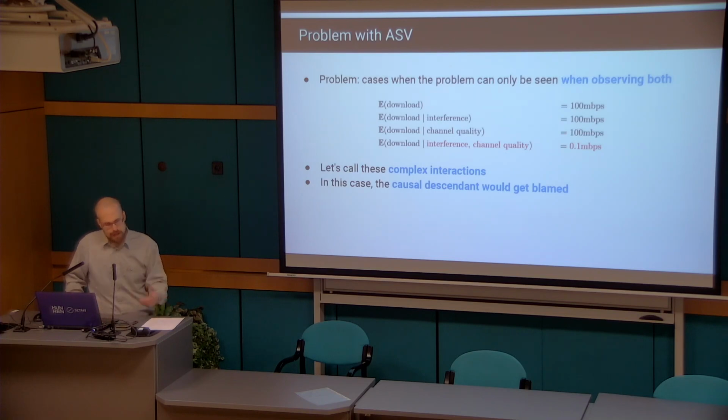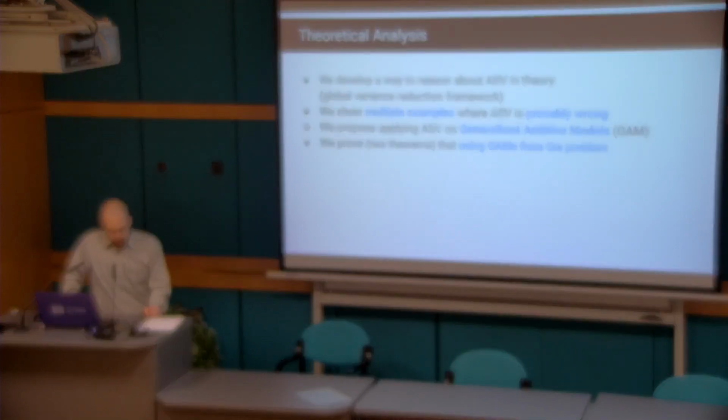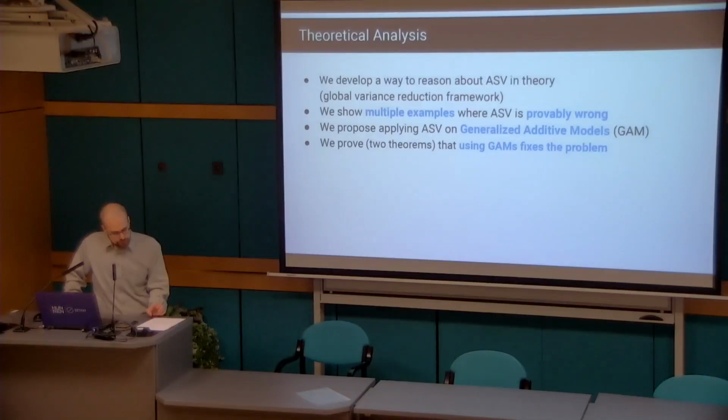And the blame will be placed on the second one, while it should be shared between the two. But this is really hard to even talk about in theory, because there is no ground truth in explanations. And so we had a lot of work to actually speak about the problem that we discovered.